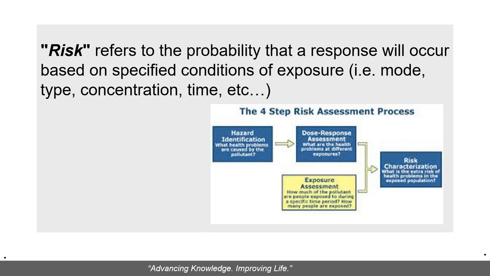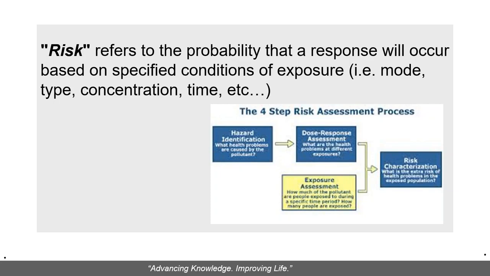But said differently and much more succinctly, to assess risk, you need to know the hazards involved, the characteristics of those hazards, the exposure levels, and the population of concern.